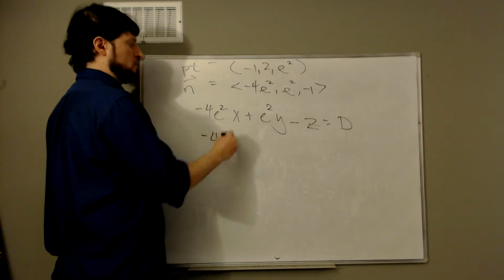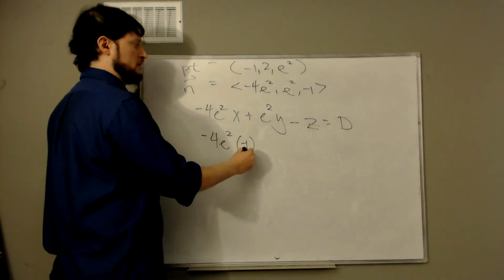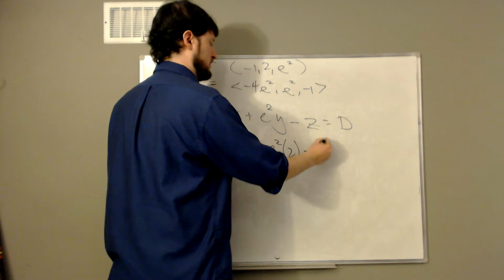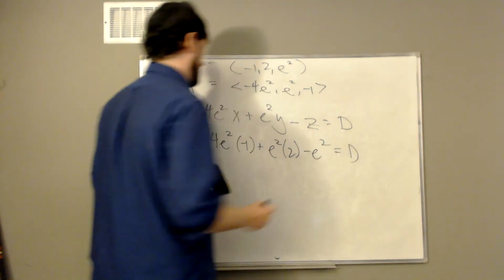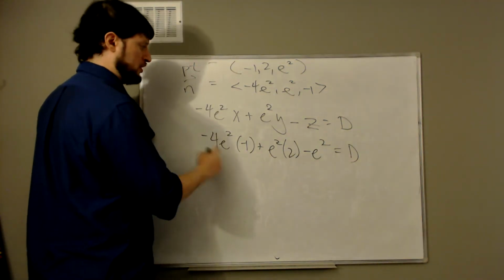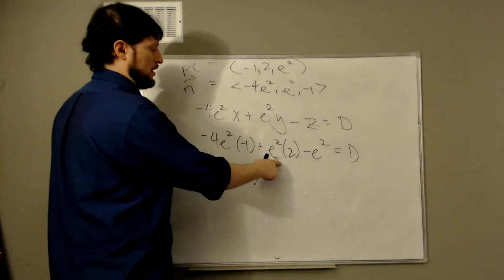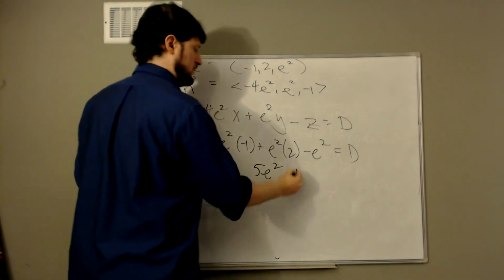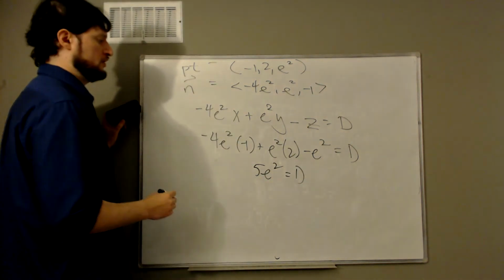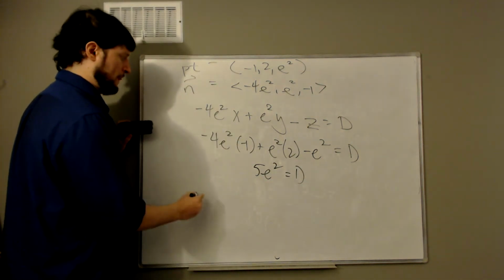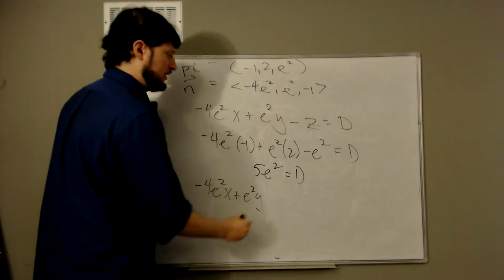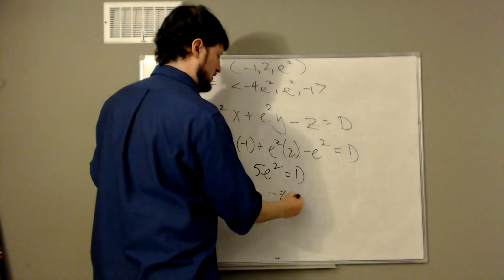So -4e² times -1 plus e² times 2 minus e², that had better be d. Well, that's 4e² plus 2e² is 6e² minus e² is 5e², so d is 5e².